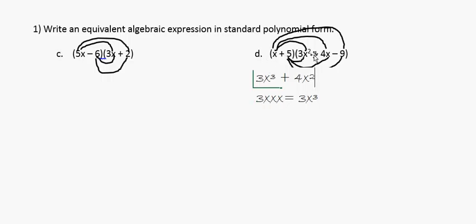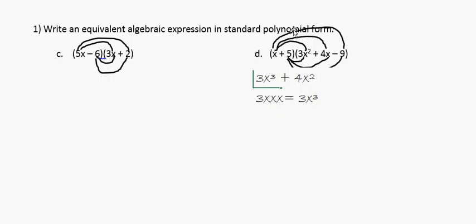Since I am now multiplying 3 x's, my x squared and my x to the first power became x to the third power. When I multiply, I add the exponents. I multiply the coefficients, but I add the exponents. When I added polynomials, I only added the coefficients, the numbers that are multiplied by the x. I did not change the exponents. Now that I'm multiplying, I do change the exponents, not just the coefficients.